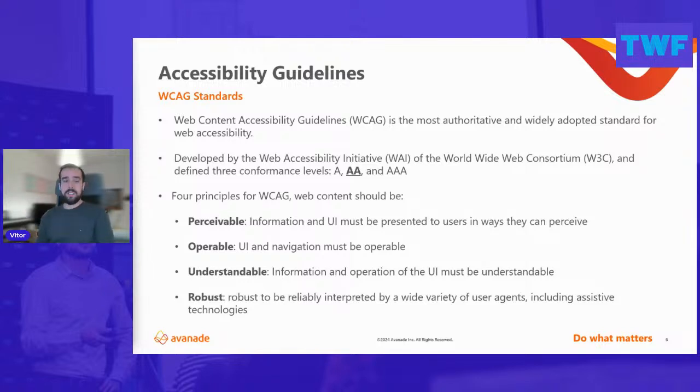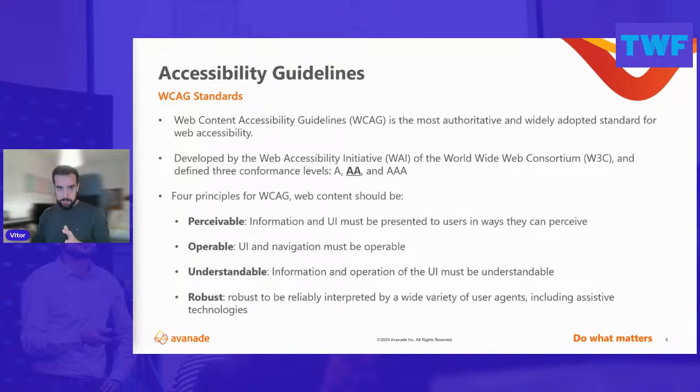So what are the four principles of the standard of web accessibility? We have perceivable, operable, understandable, and robust. Perceivable is that users can see the information presented to them, or in ways that they can understand. Operable is that users can actually navigate your website or web application. Understandable means that there is no weird navigation going on.